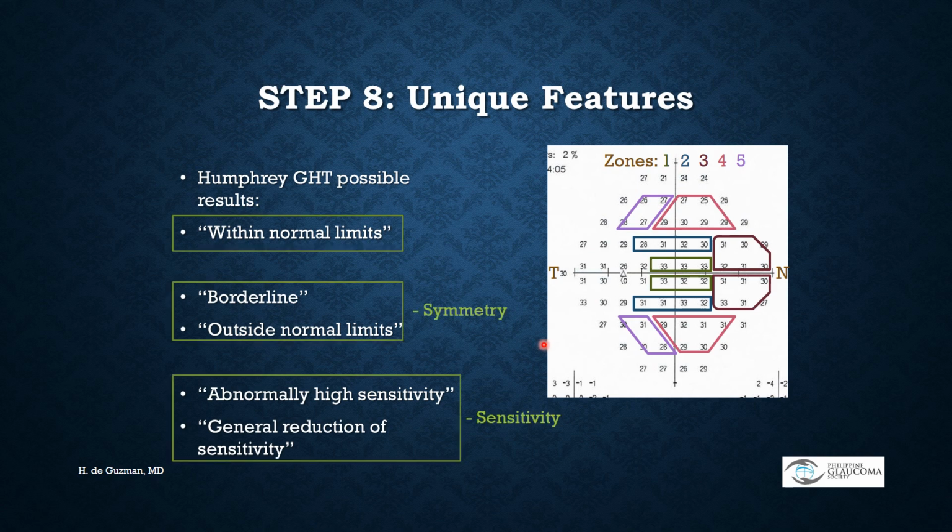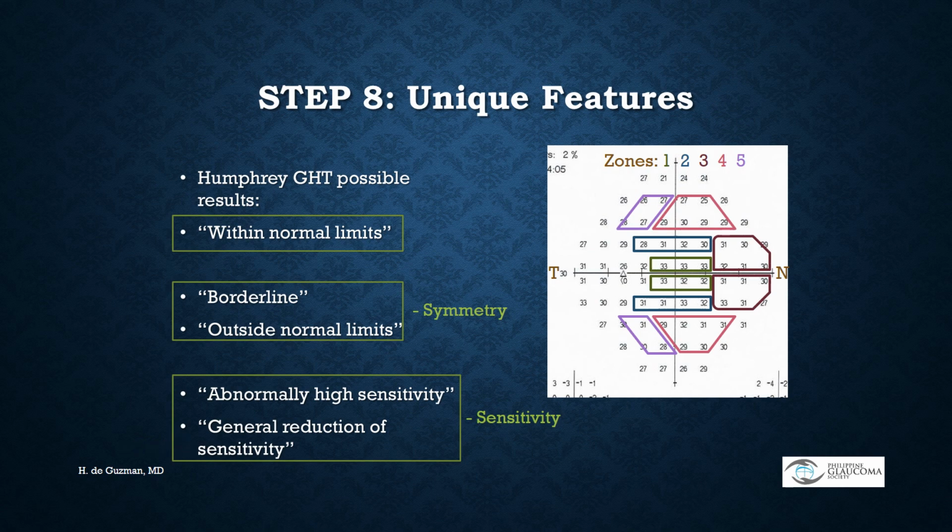So the simple way to think about the GHT results is to group them into 3. There's normal, and then there are the results which comment on the symmetry, which is either borderline or outside normal limits, and then there are the results which comment on the sensitivity, either abnormally high or generalized reduction or generalized depression.